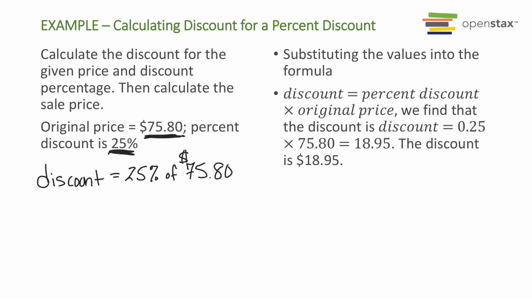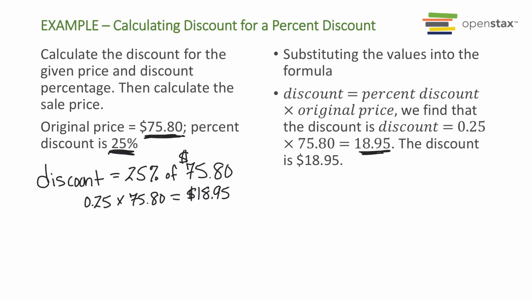All right, so that's going to be 0.25 times $75.80. So let's put that in the calculator, and that's going to give us $18.95.